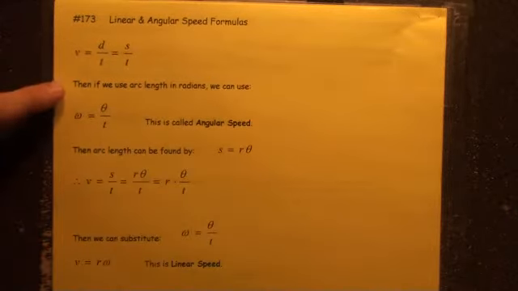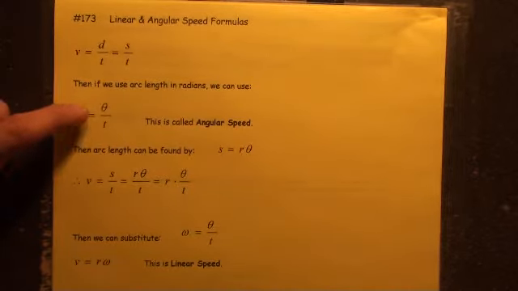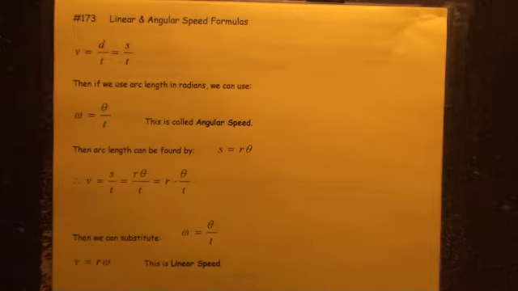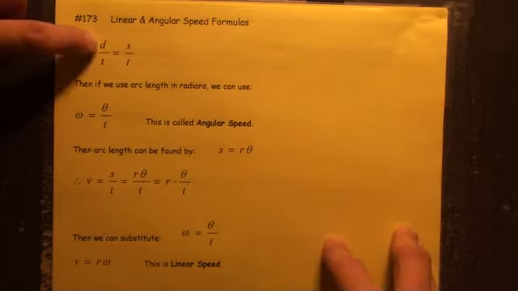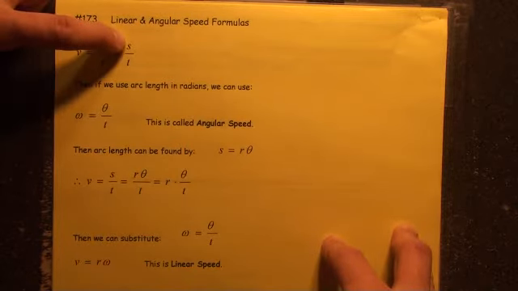Now, if we use arc length in radians, we can say that this, referred to as angular speed, equals theta over time. How do we know that? Because, oh, excuse me, S, that's not speed. This is D. S stands for what?